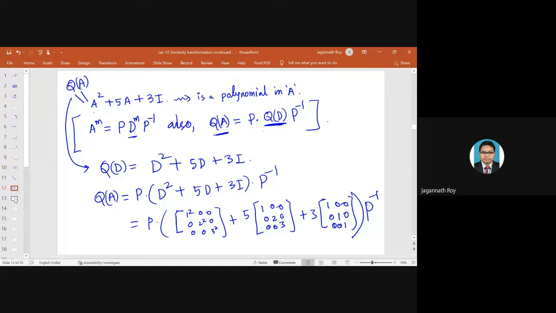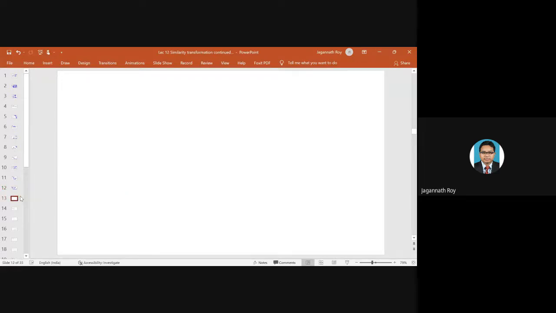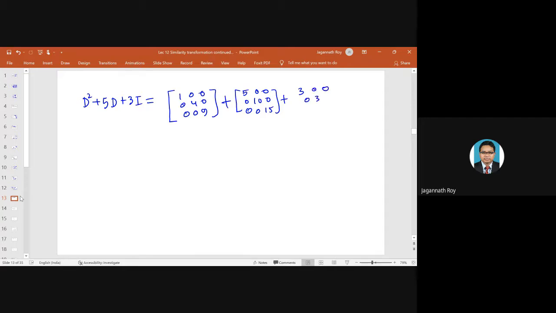If you calculate these values, D square plus 5D plus 3I will be 1 0 0, 0 4 0, 0 0 9, then 5 times, so 5 0 0, 0 10 0, 0 0 15, plus 3 times the identity, 3 0 0, 0 3 0, 0 0 3.